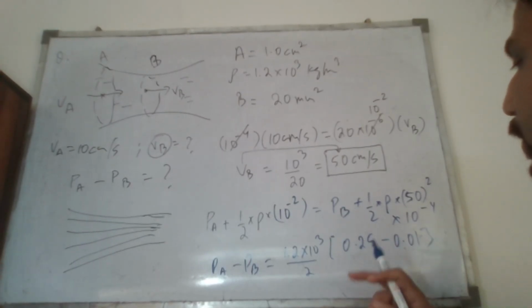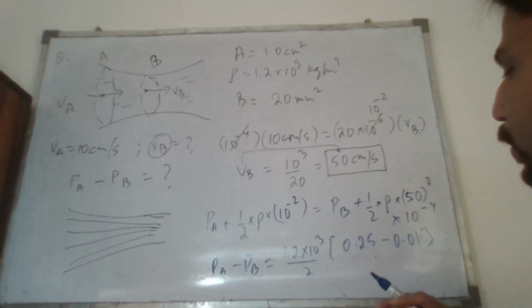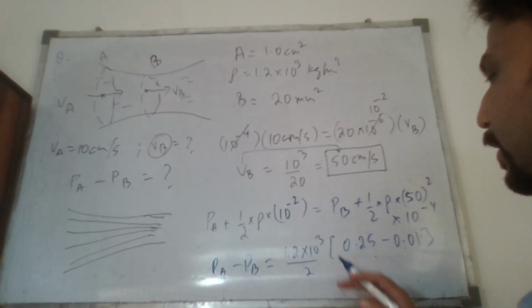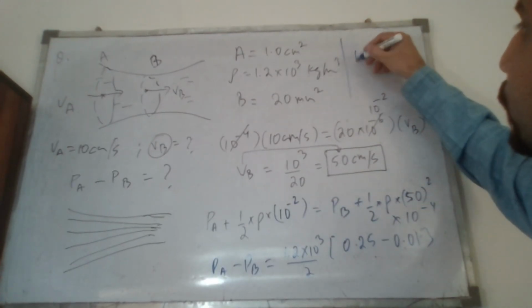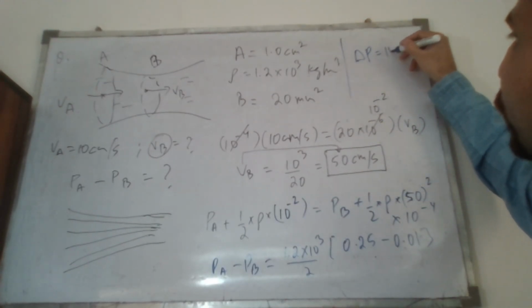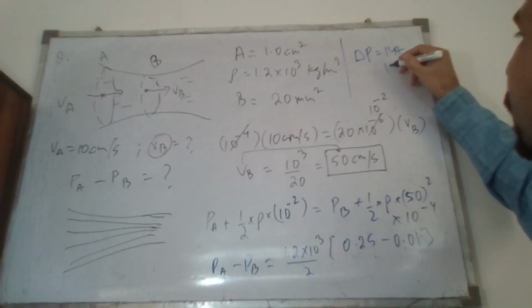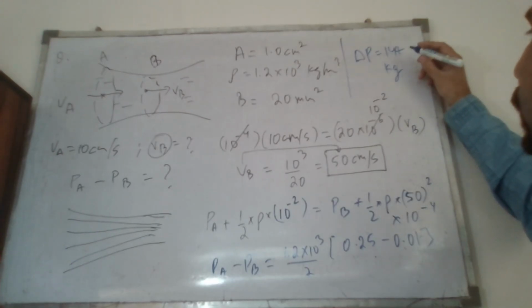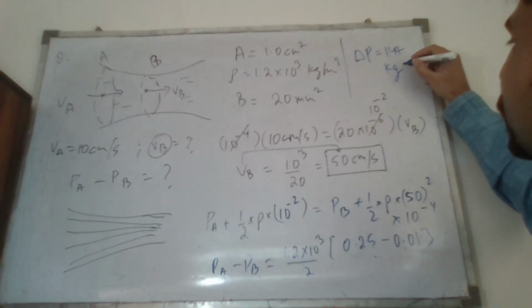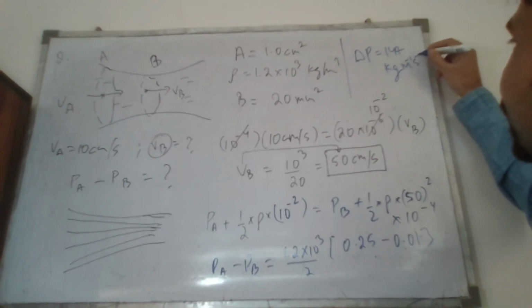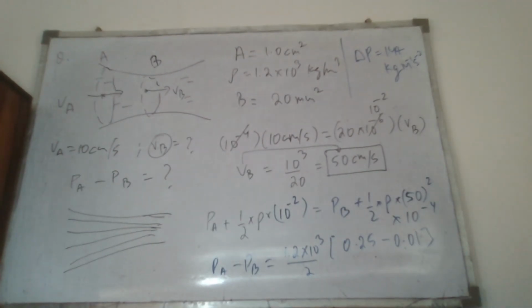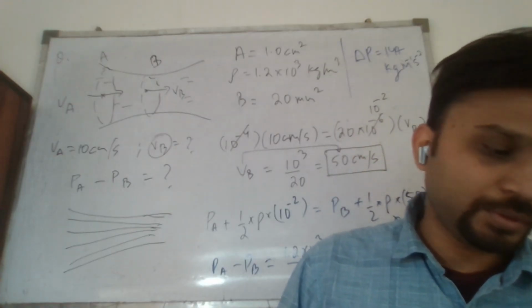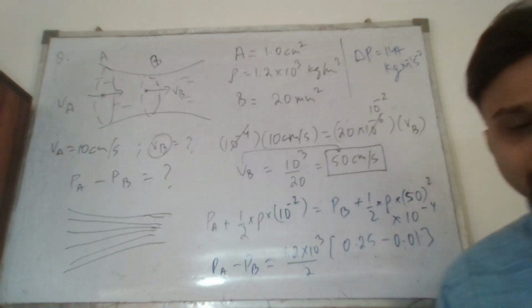This value is 1.2 into 0.24 into 10 to the power 3. So this will come out to be some 144 kg per meter per second squared. That is pascals. So that is our question.